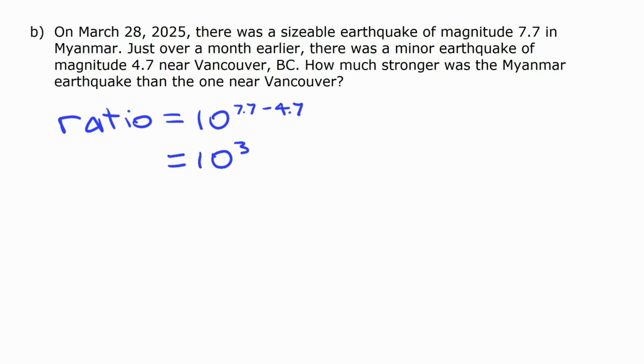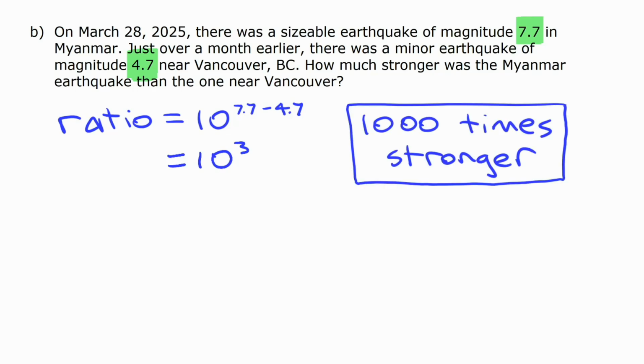Really, all you need to do is just look at the difference in the magnitudes, and it's that power of 10. There's 3 difference between 7.7 and 4.7, so it's 10 to the third. That's why people use this scale, because it's really easy to quickly come up with the ratio often. And so 10 to the third is 1,000 times stronger.